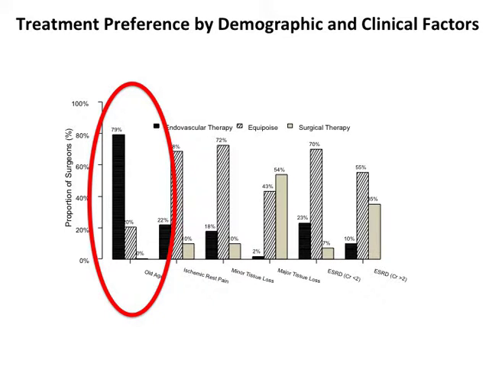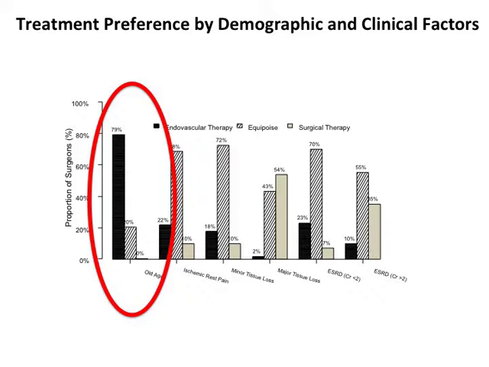In terms of demographic and clinical factors, things like presentation, end-stage renal disease, there was significant equipoise in terms of what these surgeons thought whether bypass or endovascular therapy was appropriate. So in a striped column is equipoise, black is endo, and tan is open surgery. So you can see there's equipoise throughout, with the possible exception of older age.